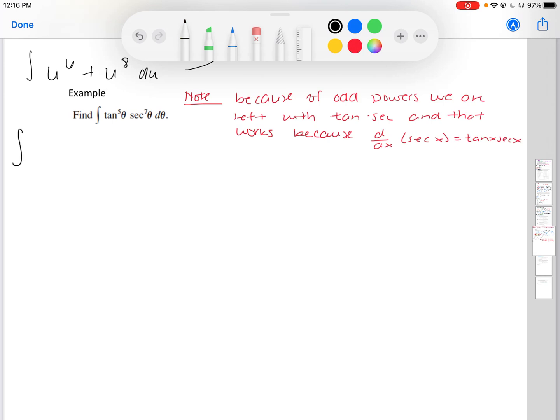Let's change tangent. So I have tangent to the 4th power times tangent to the 1 power. So we have our 5 tangents, and secant to the 6th power. Well, we have theta, not x's: tangent theta, secant of theta d theta.